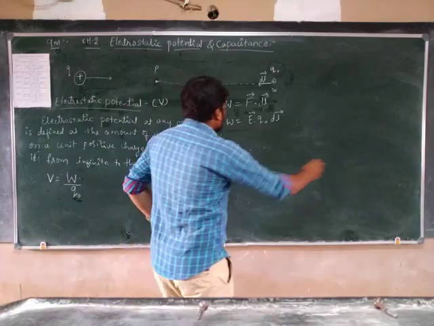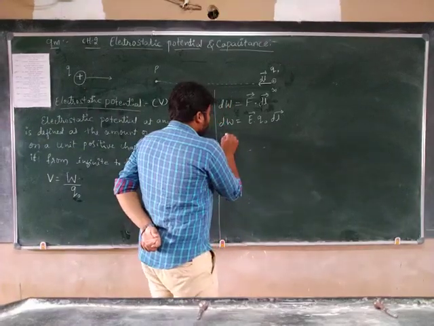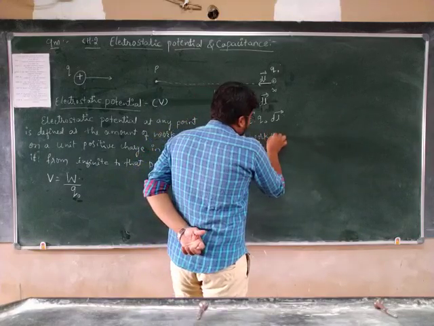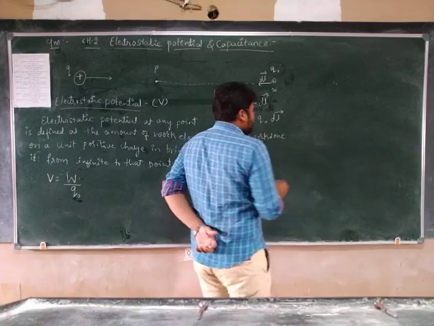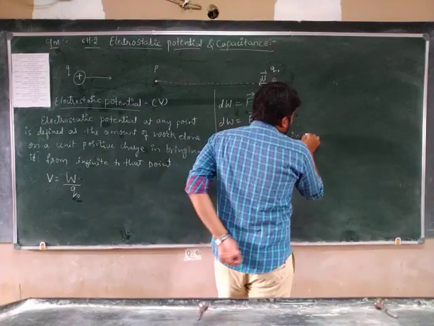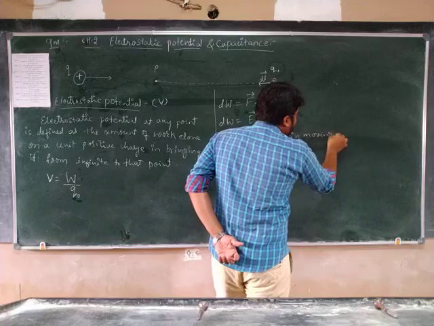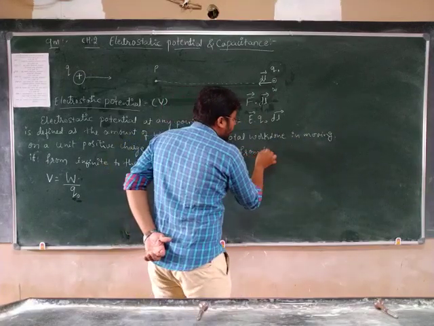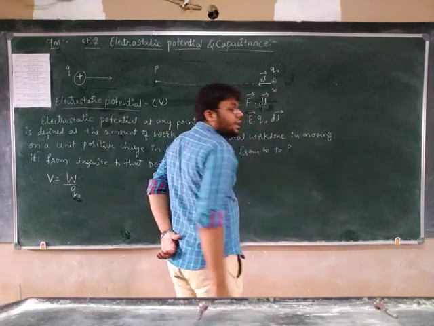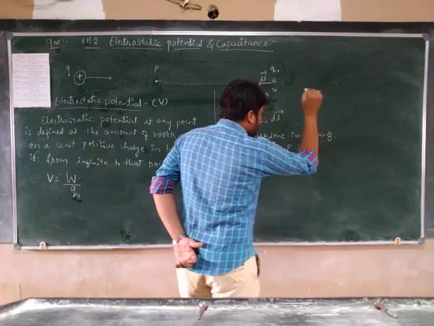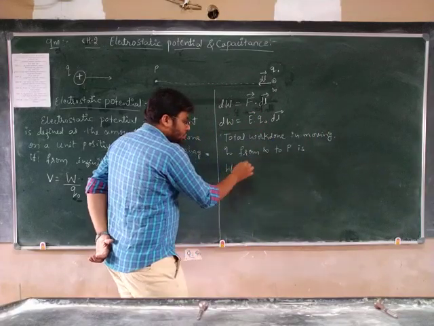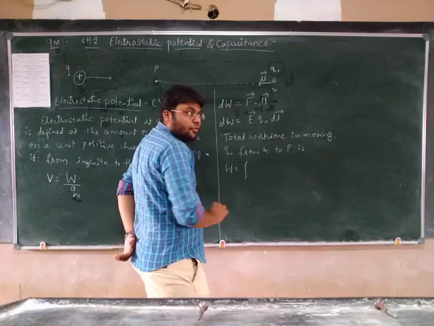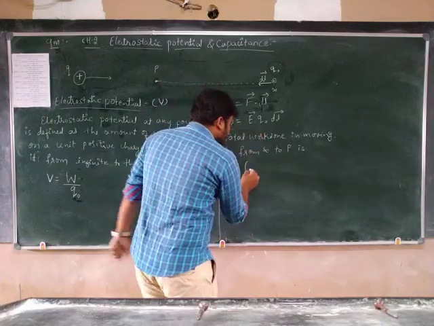Then the total work done in moving Q naught from infinity to point P is given by capital W. Total work done is the integration of small work done.